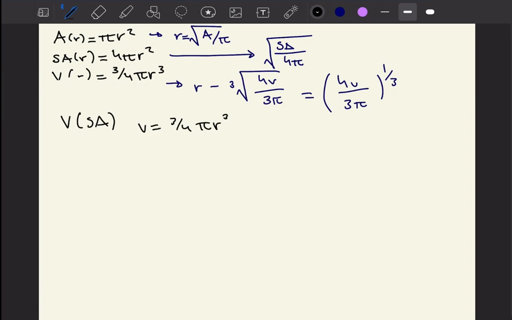And surface area, how did we rewrite radius in terms of surface area? Well, it's right here. Radius is equal to surface area over 4 pi, all of that square rooted, right?